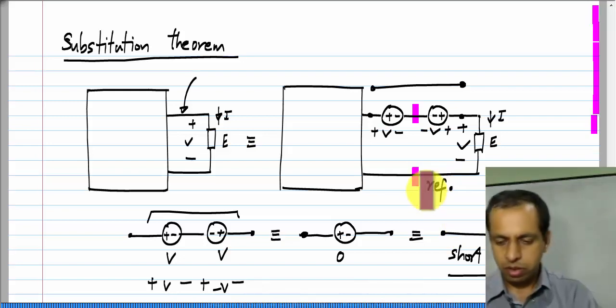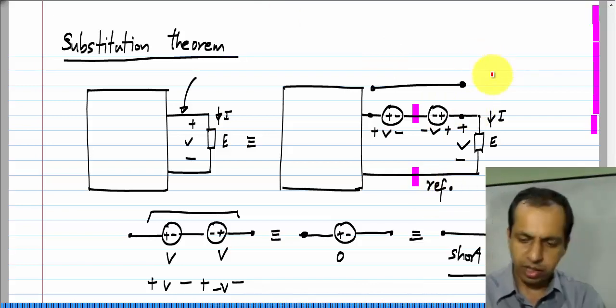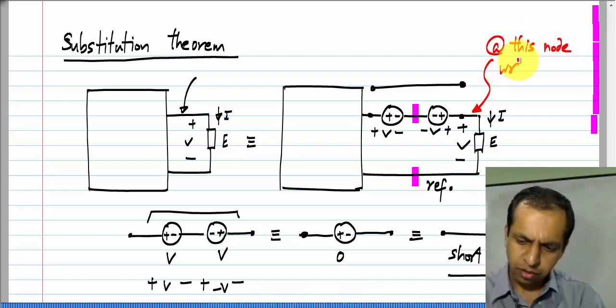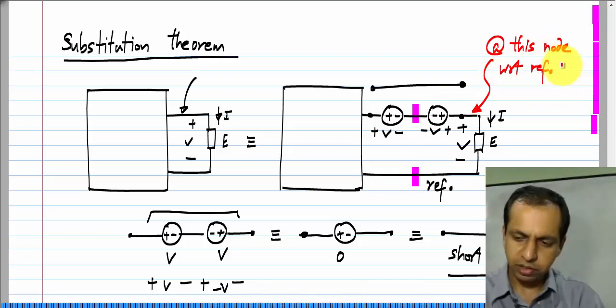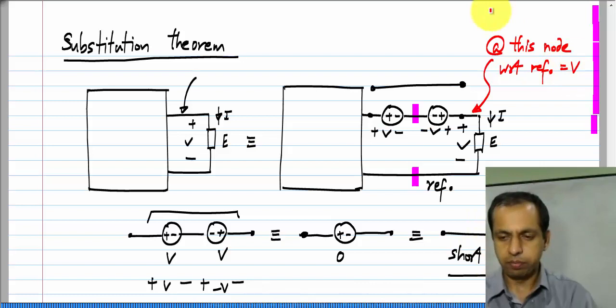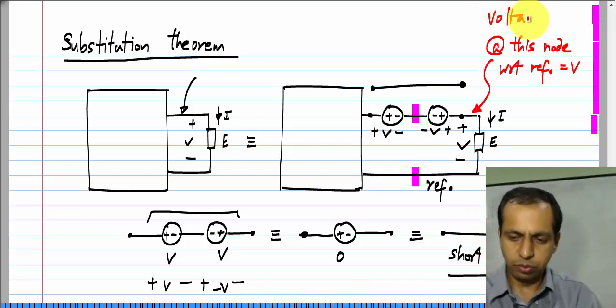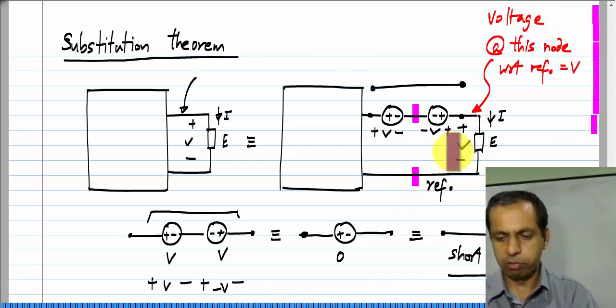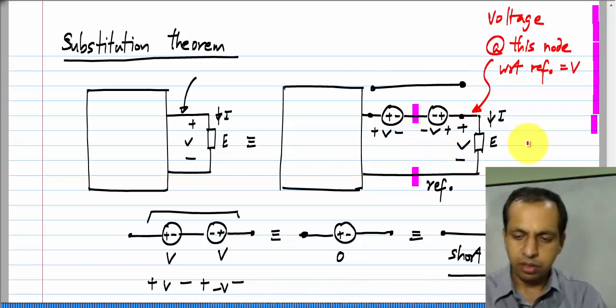With respect to this reference, the voltage at this node, I will show that in red, is V, because from here to there you have a potential rise of V, and from there to there you have a potential fall of V.